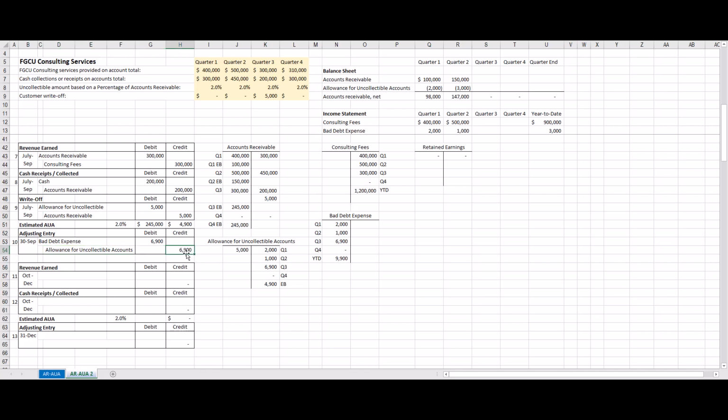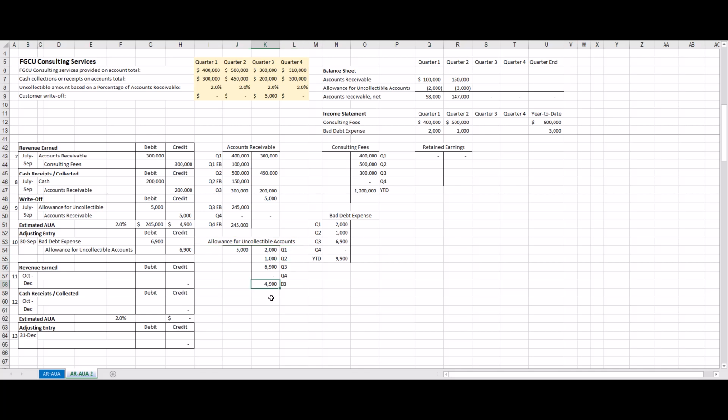Once the adjusting entry is posted to the general ledger, bad debt expense for the quarter is $6,900. And for the year to date, it is $9,900. The allowance for uncollectible account balance is now $4,900.